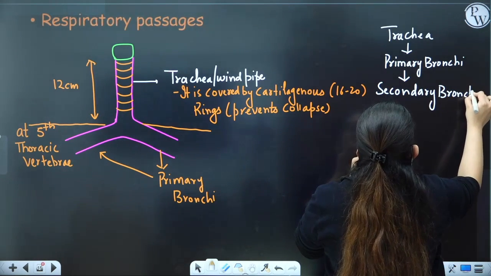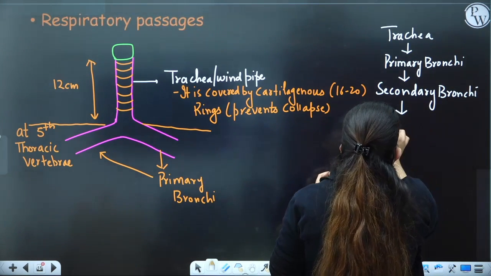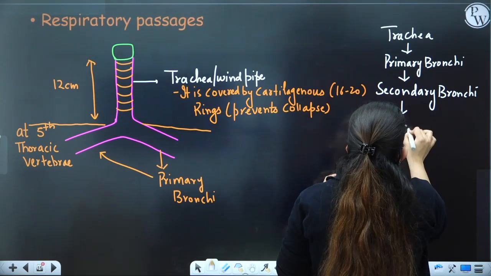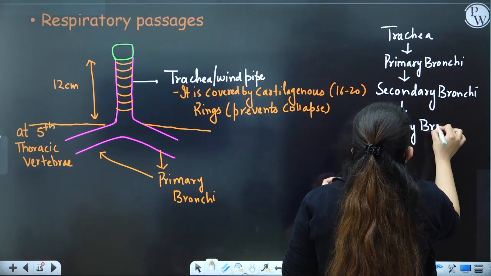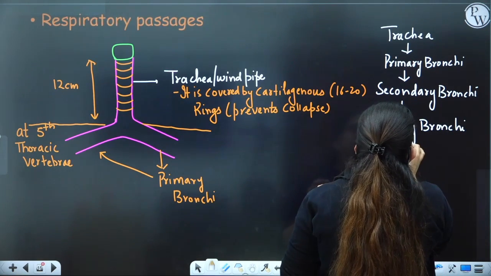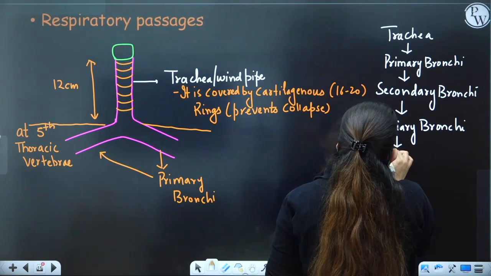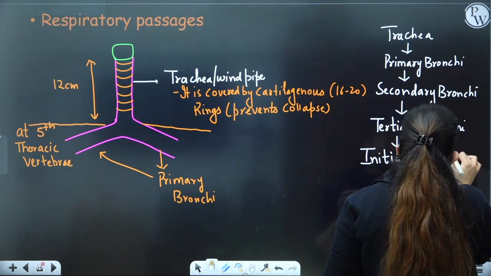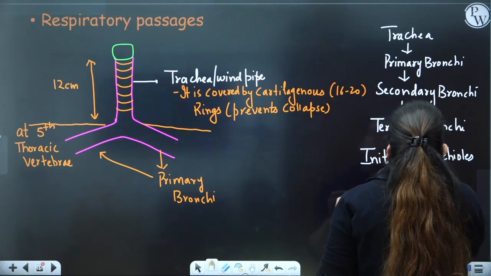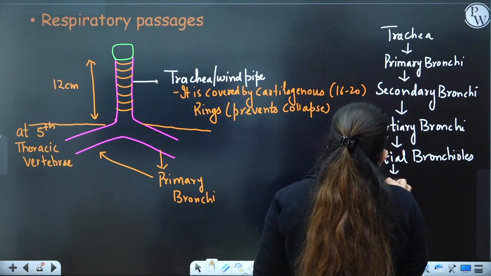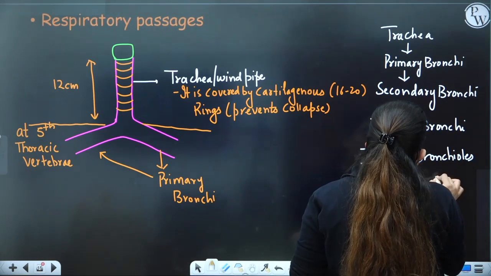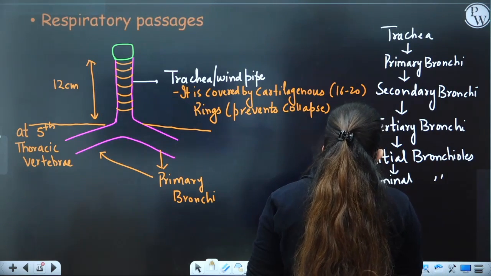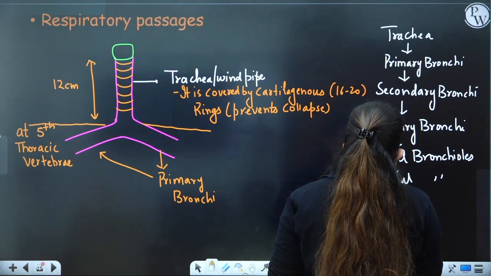Secondary bronchi then open into tertiary bronchi. Tertiary bronchi will then open into initial bronchioles. Initial bronchioles will open into terminal bronchioles. Terminal bronchioles will open into respiratory bronchioles.